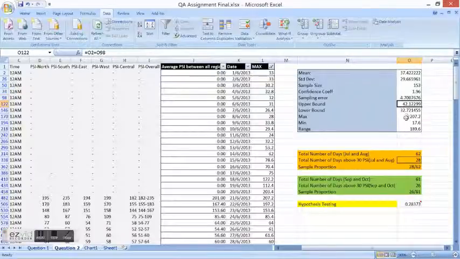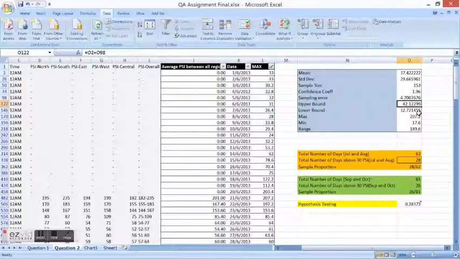I found out that the confidence interval is these two: the upper bound, which is the upper limit, and the lower limit.